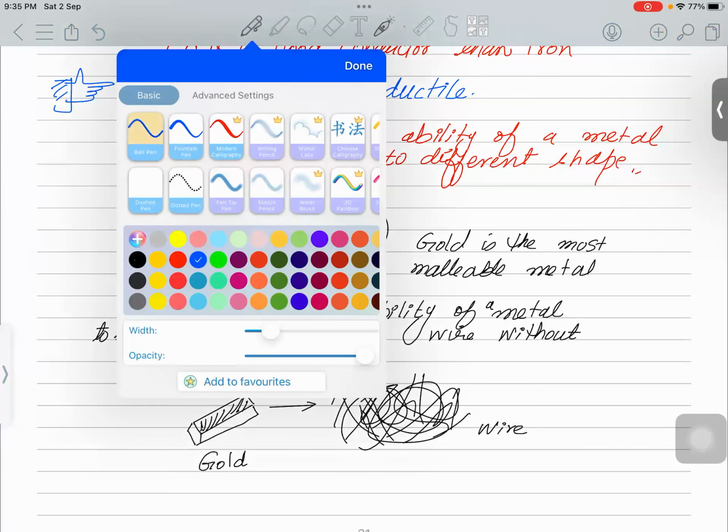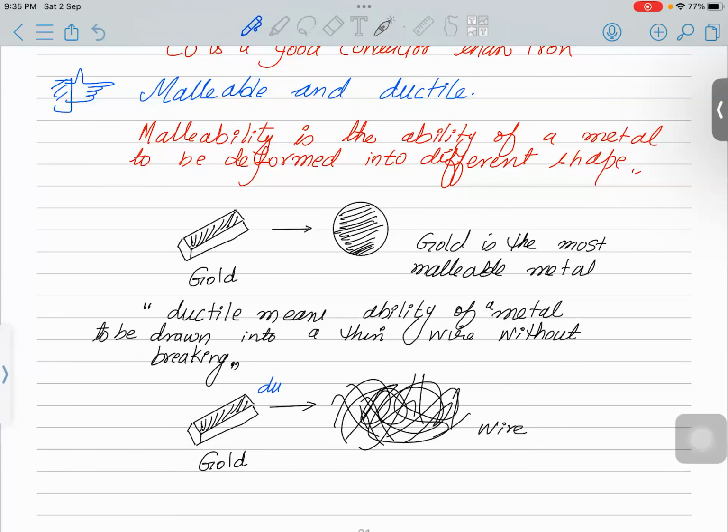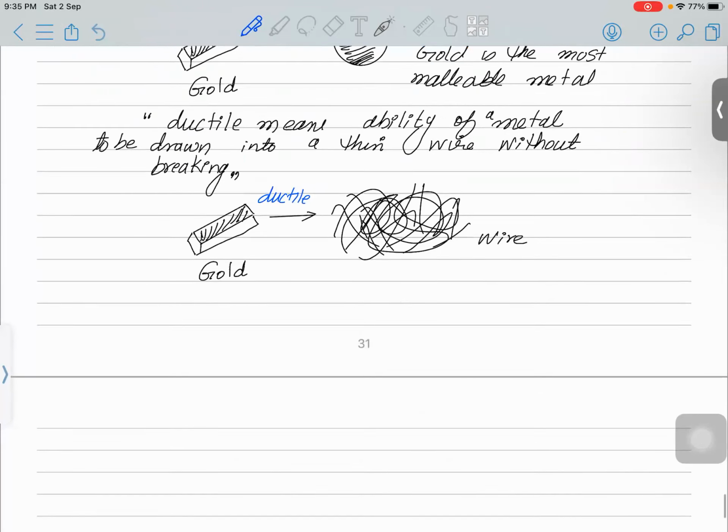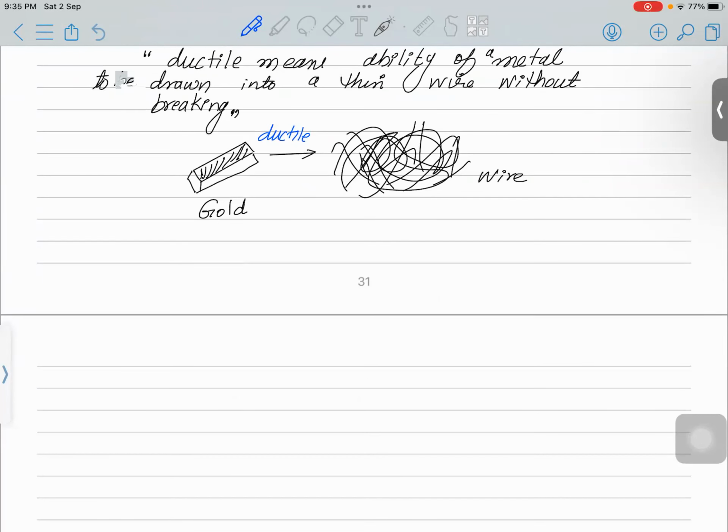So this is ductile. This is malleable. So metals are malleable and ductile.